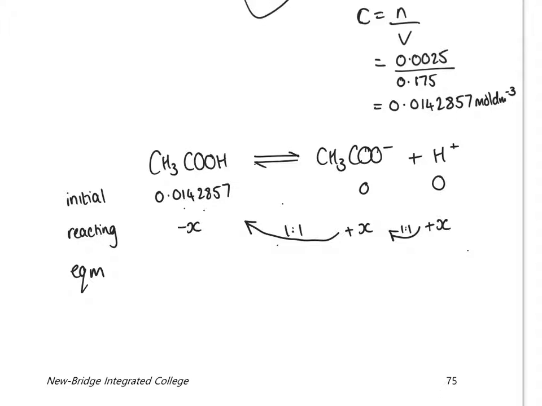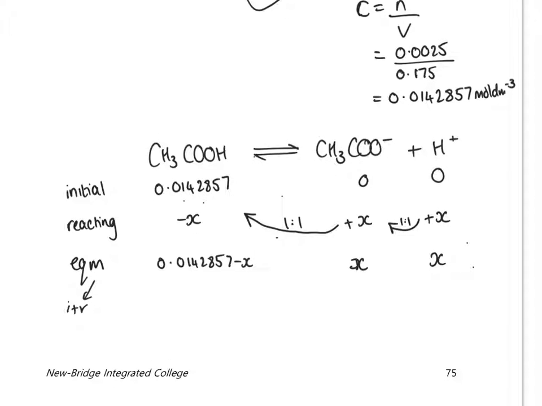So your equilibrium moles is just initial plus reacting. So that's going to be 0.014287 minus X for the concentration of my ethanoic acid at equilibrium, X for the concentration of my ethanoate ions, and X for my concentration of hydrogen ions.